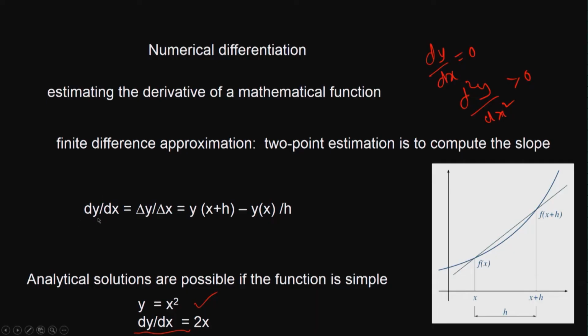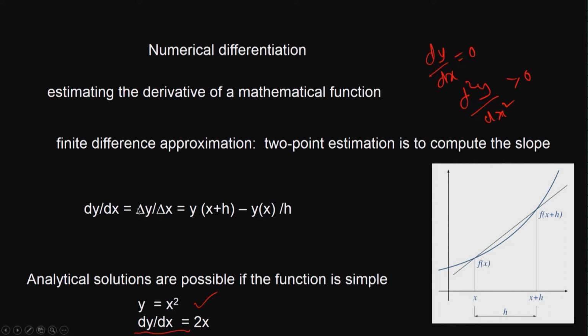So, if it is analytical, as I said, it is easy, like y is equal to x square means we can calculate dy by dx is equal to 2x. Otherwise, we need to do it numerically. Estimating the derivative of a mathematical function is called finite difference approximation. The simplest one is a 2-point estimation to compute the slope at the point.